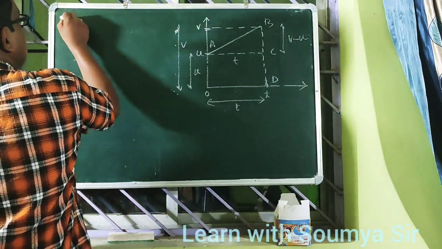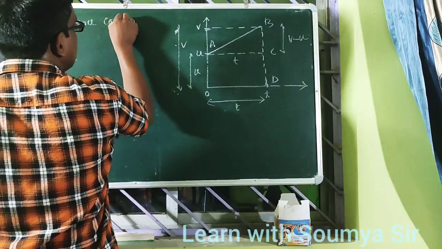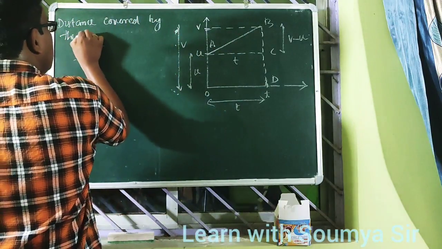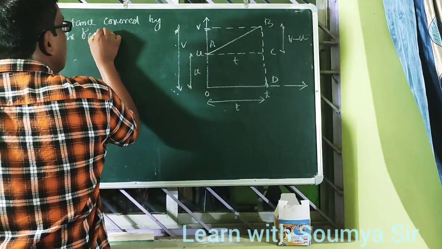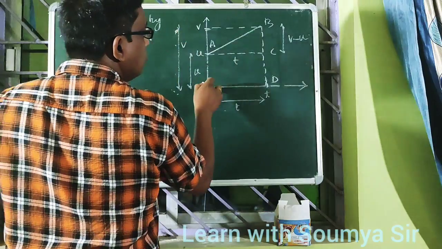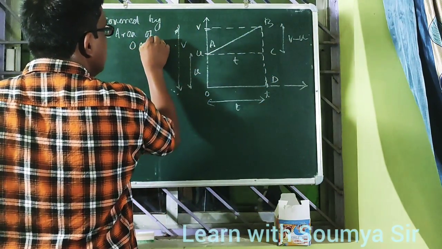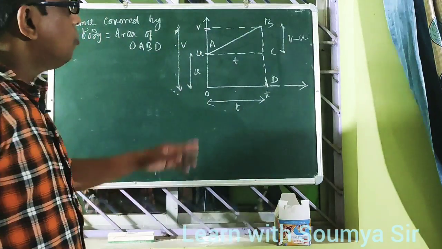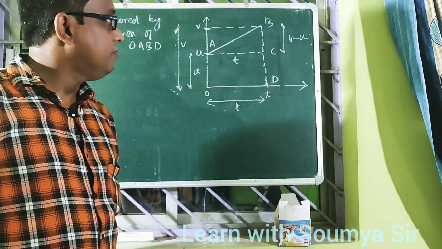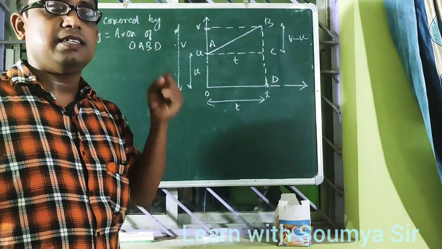Same thing, the distance covered by the body is equal to the area of OABD. Now see, OABD is a trapezium, and the trapezium area will be half into the sum of parallel sides into height.